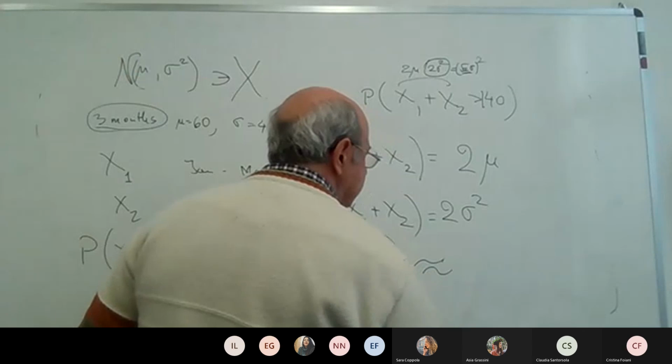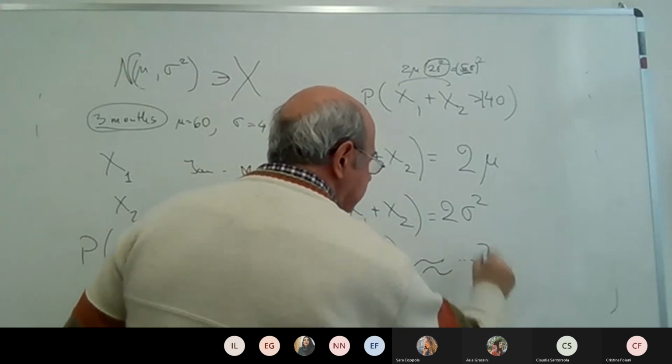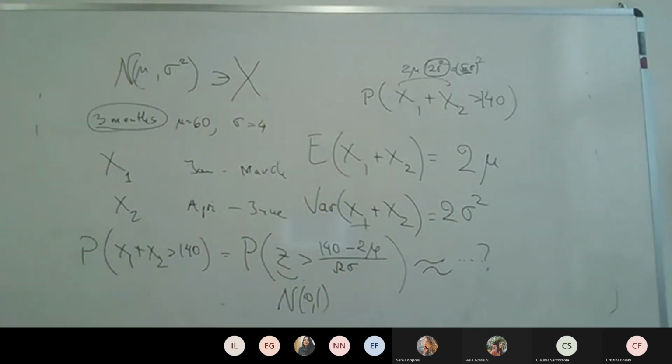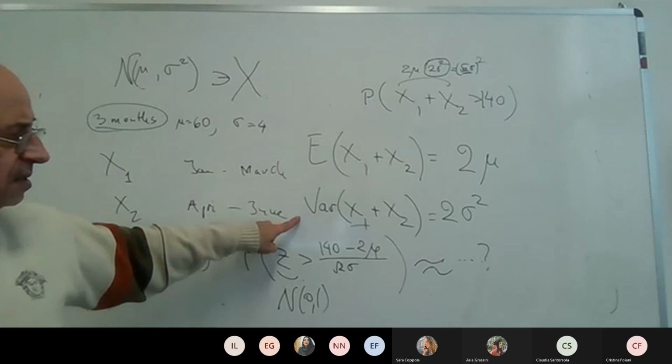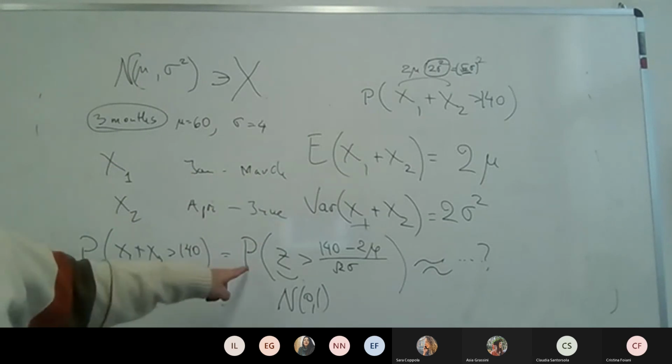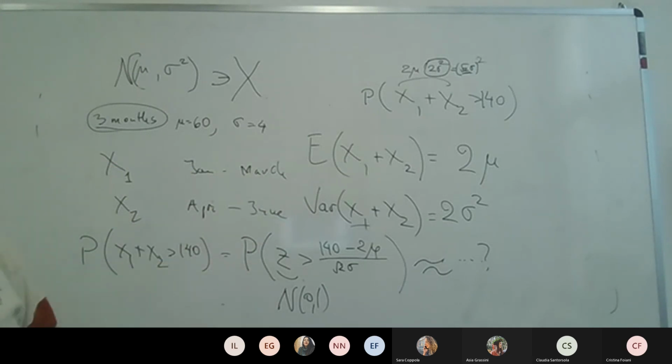So from here you compute explicitly the numerical value of this quantity, and you have a precise example where we used the theoretical part and reduced our probability to the concrete numerical calculation.